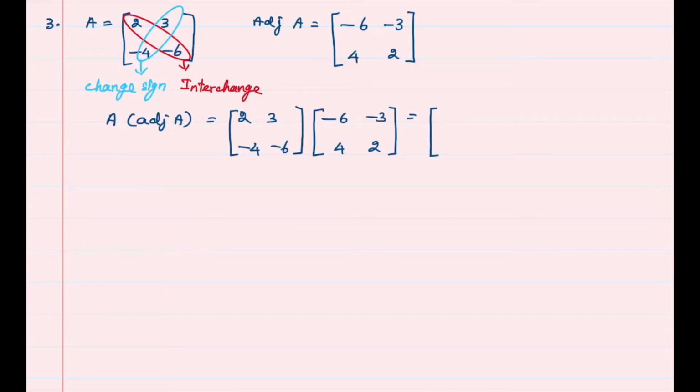You have to add them in matrix multiplication. First row into first column, minus 12 plus 12. First row into second column, minus 6 plus 6. Second row into first column, 24 minus 24, and second row into second column 12 minus 12.